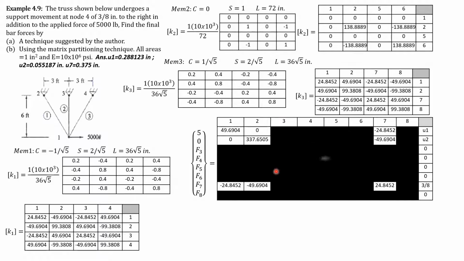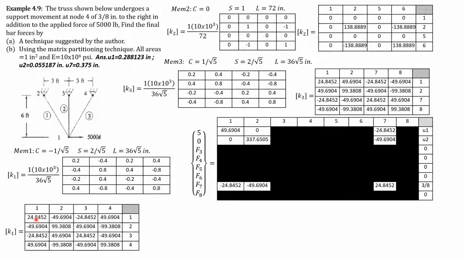So that's why I have to emphasize only those needed cells, which are 1, 2, and, because the specified movement at 4 is 3/8 inches to the right, number 7, since its numbering is 7 because the vertical is 8. So we only fill up this 2 by 2 matrix and the 7, 1, 2, 7.